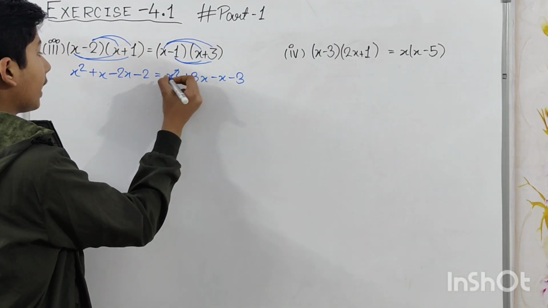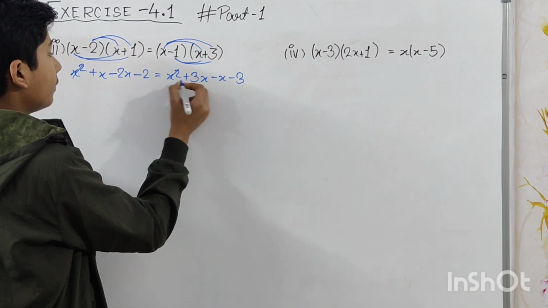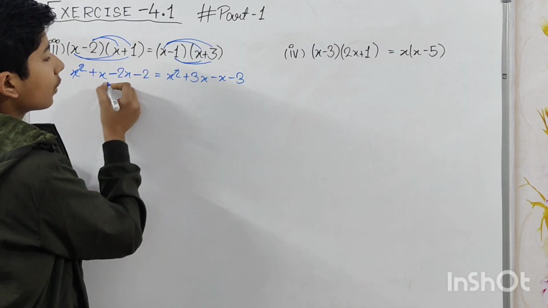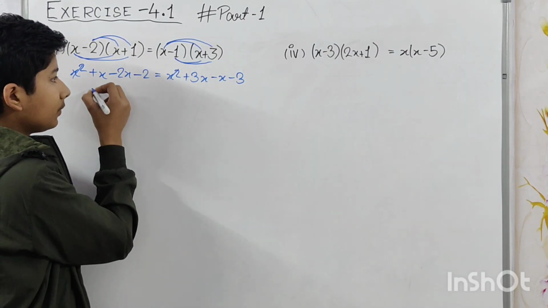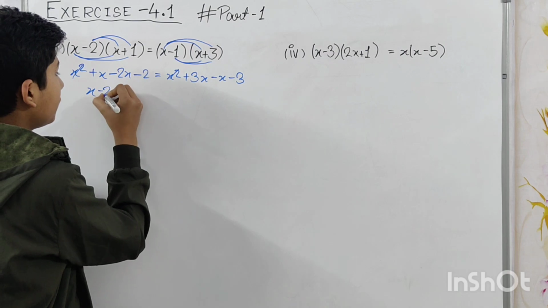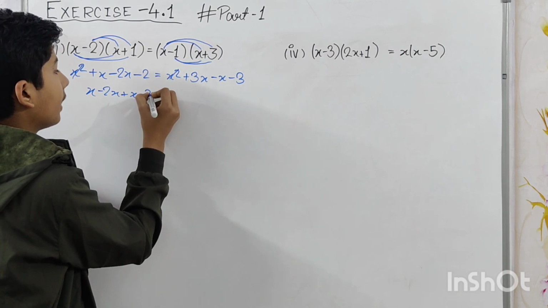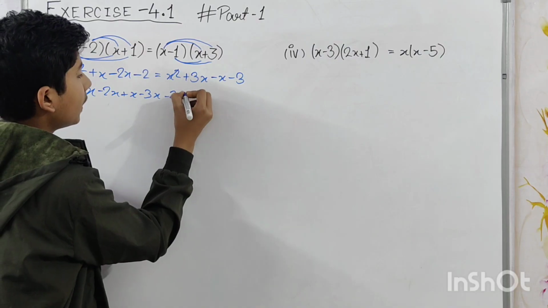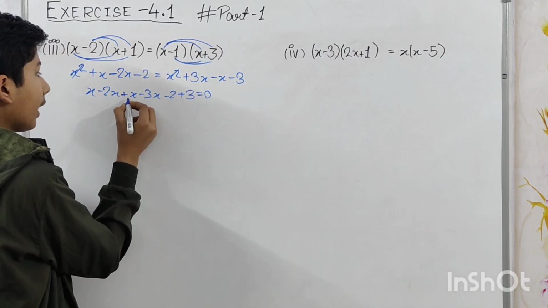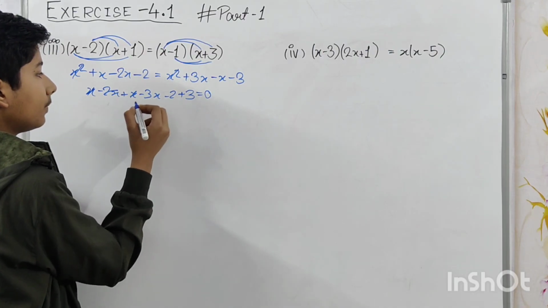Firstly, x square gets cancelled, and this will come that side, this will also come this side and this will also this side. So 3x, x minus 2x minus, plus x minus 3x minus 2 plus 3 equal to 0. x plus x, 2x, these get cancelled.